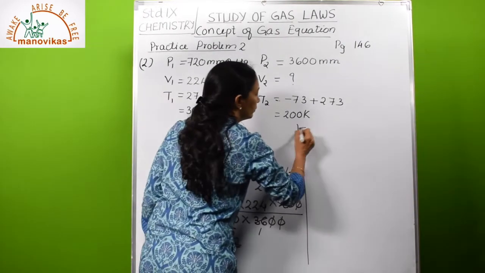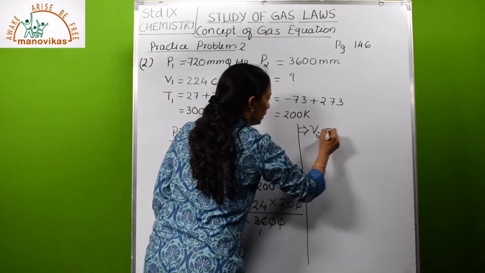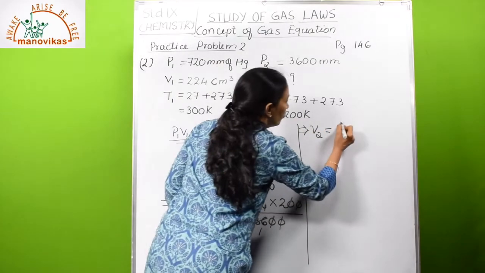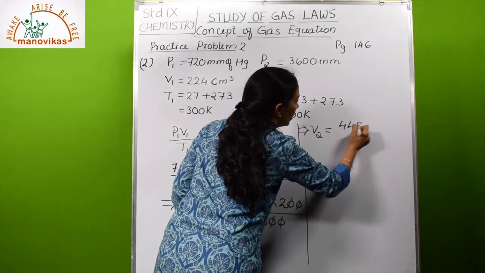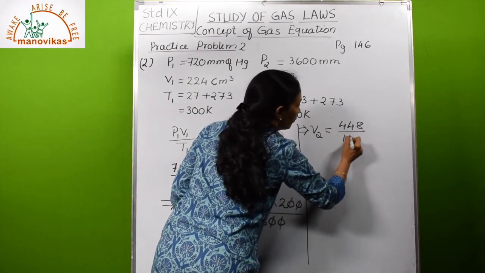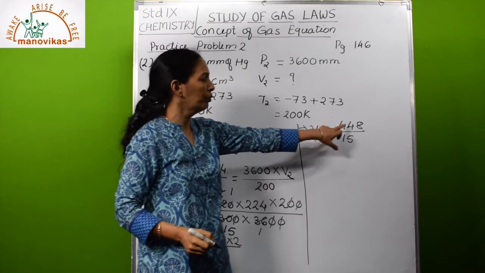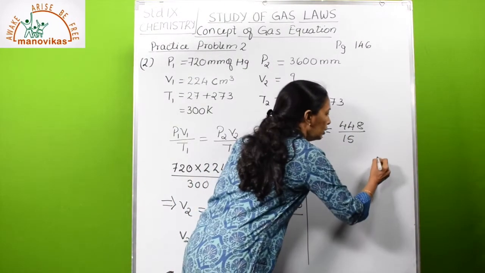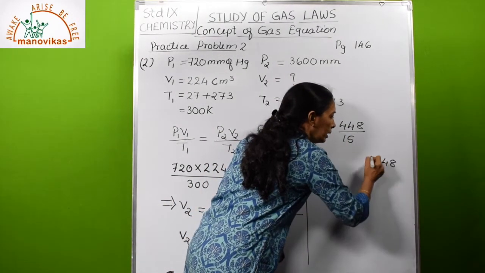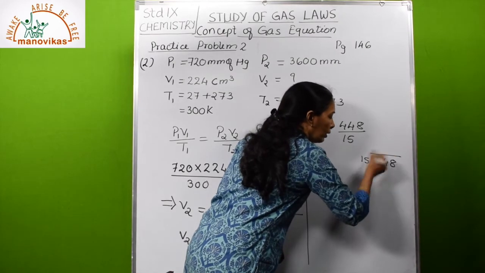That will be V2 is equal to 448 upon 15. Then divide this 448 with 15. So it will become 448 divided by 15. Draw rough column and do.